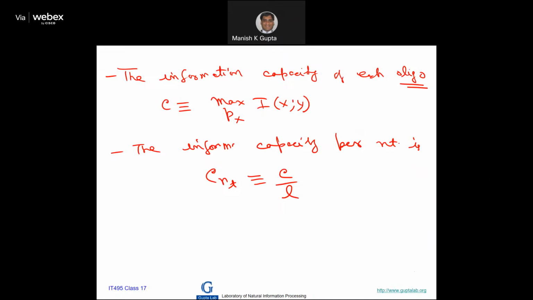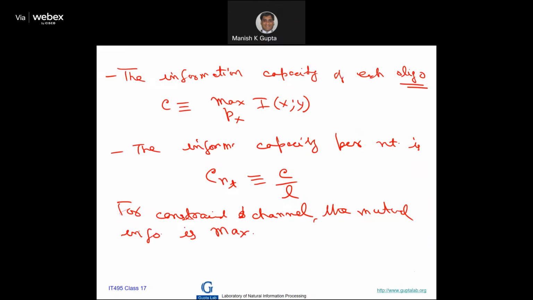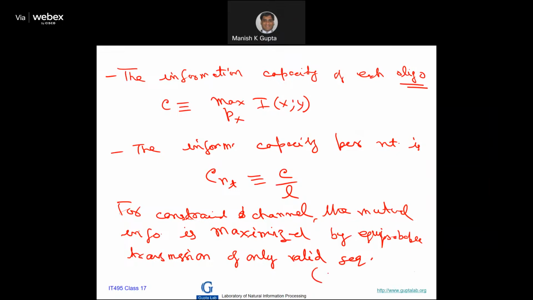For the constraint channel, the mutual information is maximized by equiprobable transmission of only valid sequences. Refer to page 250 to 251 or something.